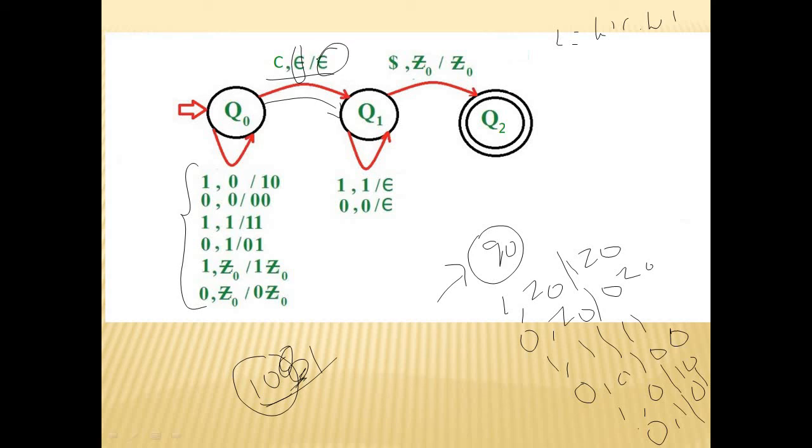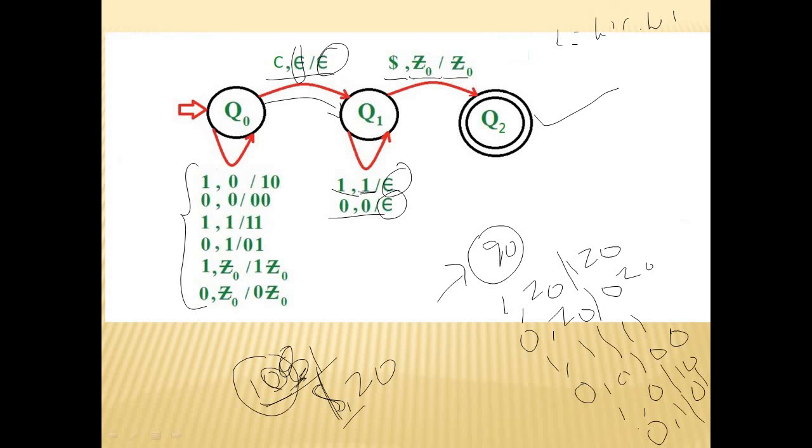Now, whatever input we read, if the stack has the same element, then we do the pop operation. We repeat the same thing until we reach Z0 with dollar in the input. If it reads dollar and the stack is Z0, we keep it here and move to the final state.